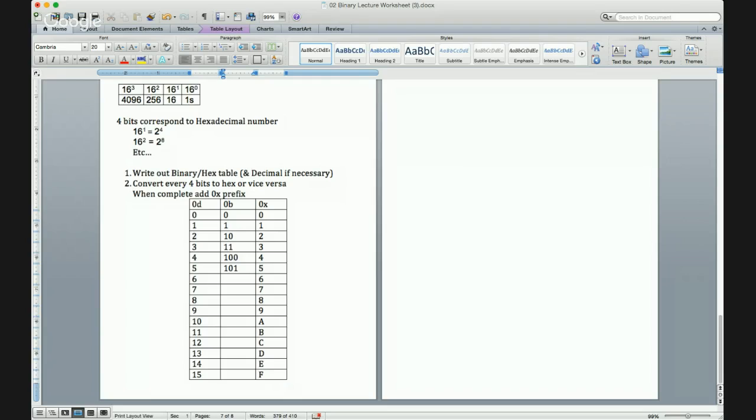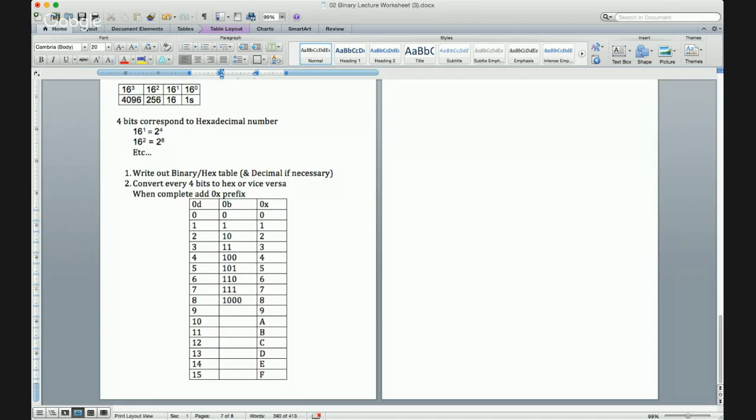So 1, 0, 1 plus 1. 1, 1, 0 plus 1. 1, 1, 1 plus 1. Okay, and that last one was the equivalent, algorithmically, to 999 plus 1.